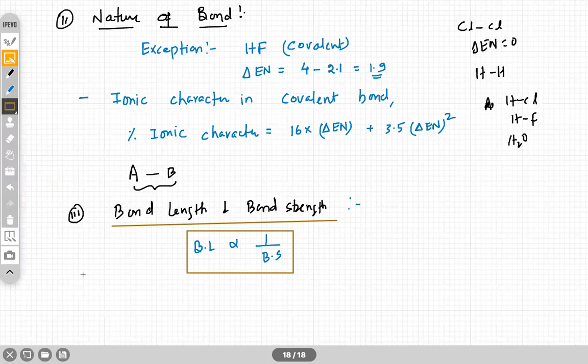What is the relation with electronegativity? Write down: as electronegativity difference increases, bond length decreases.